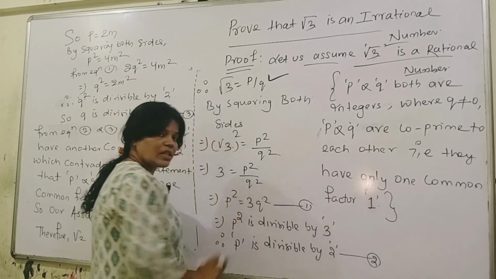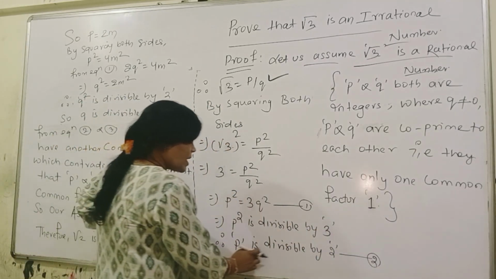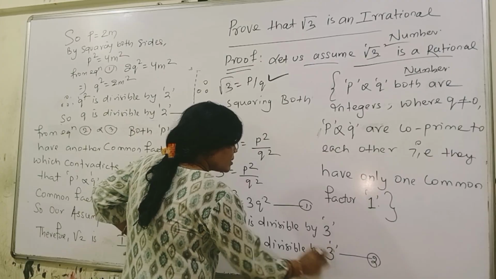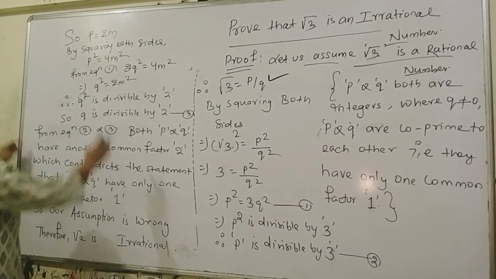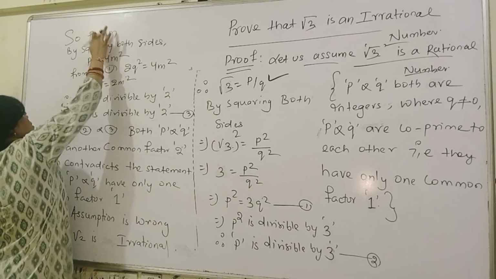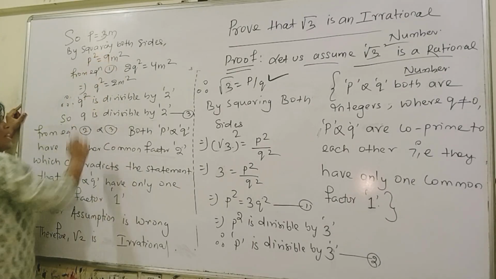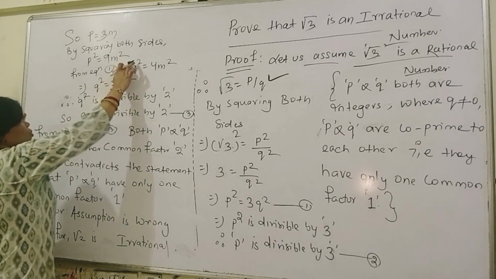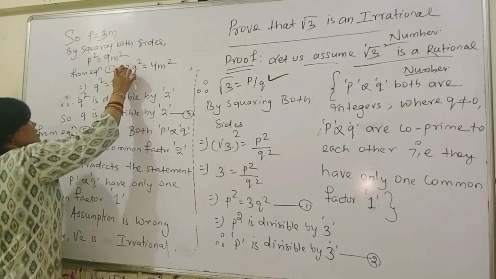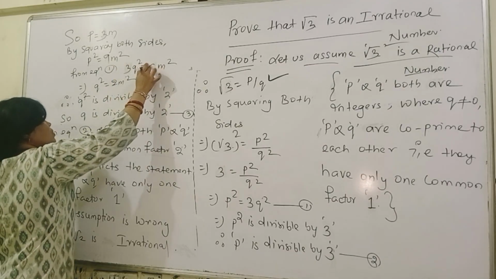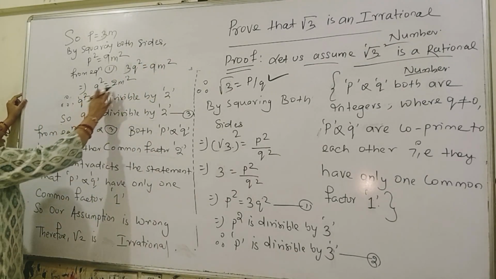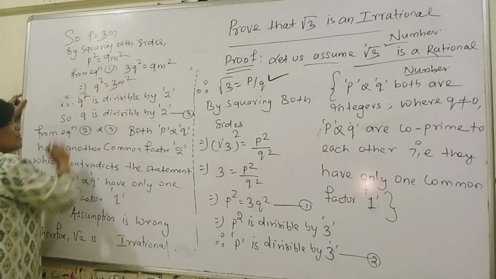3 because 3 times of something. Therefore P is divisible by 3. Now P is equal to thrice m. P square is equal to 9m square. So thrice Q square is equal to 9m square. Now Q square will be 3m square.